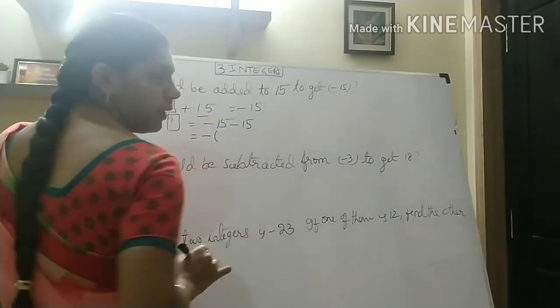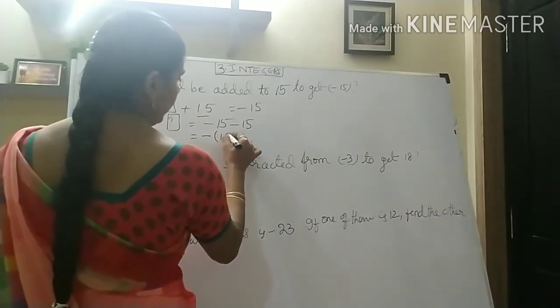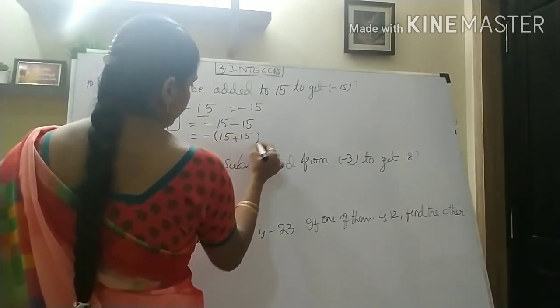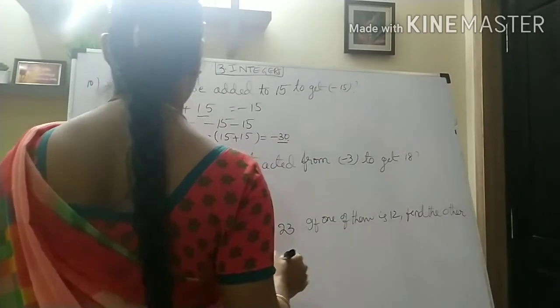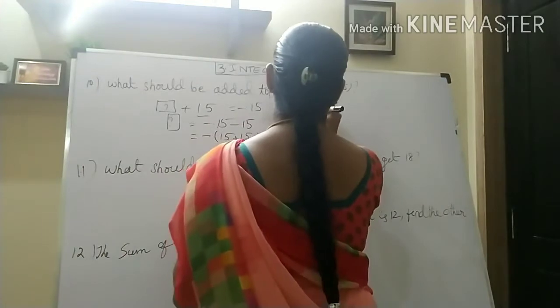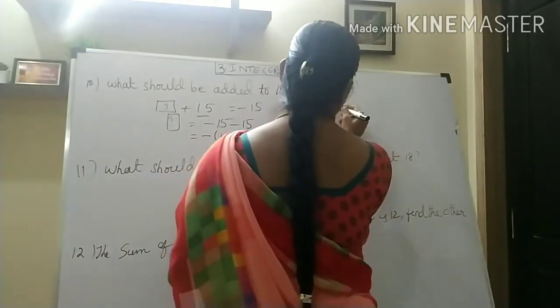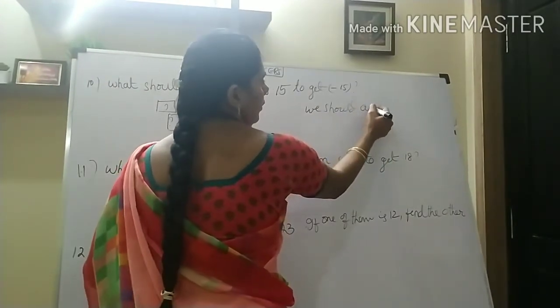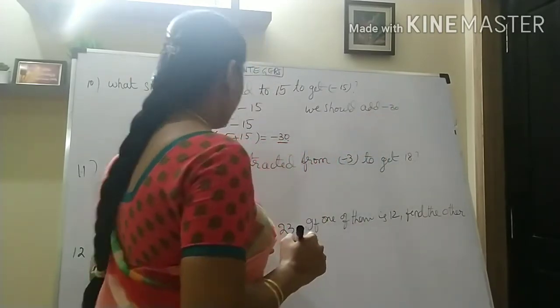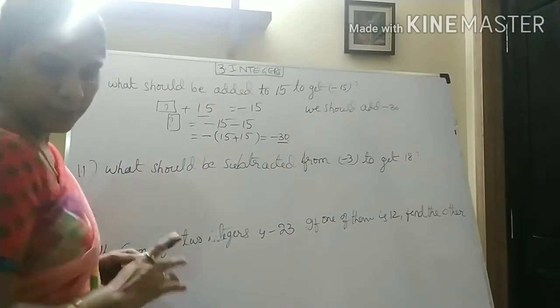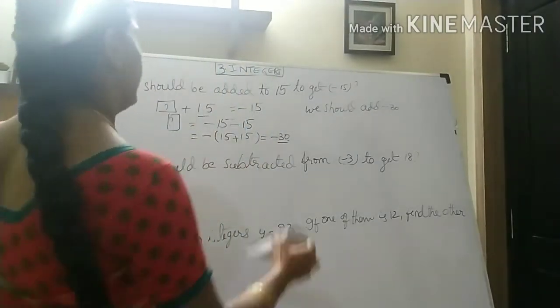Take minus as common, 15 plus 15, minus 30. So the number we should add is minus 30. Okay, we should add minus 30.